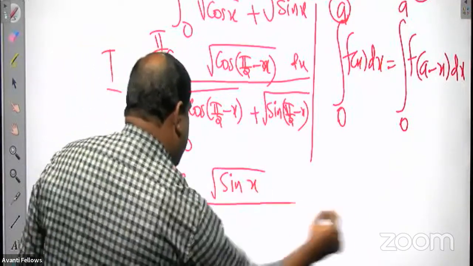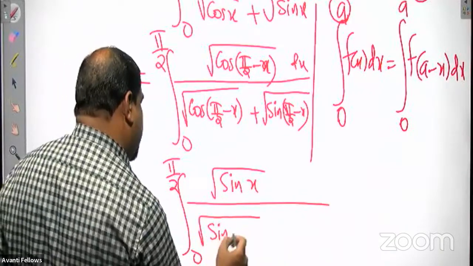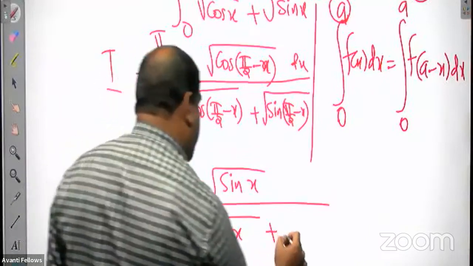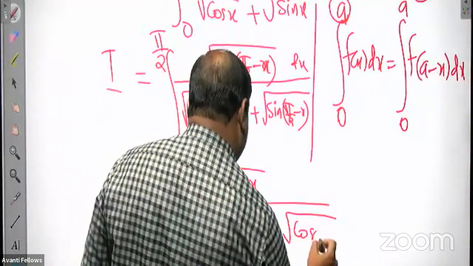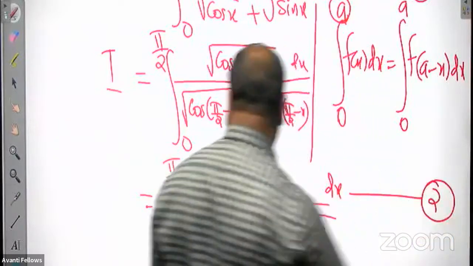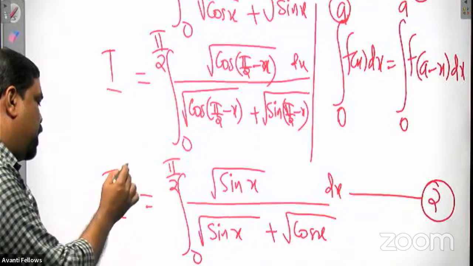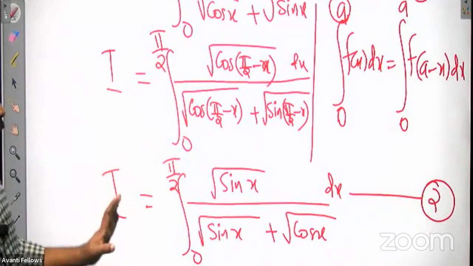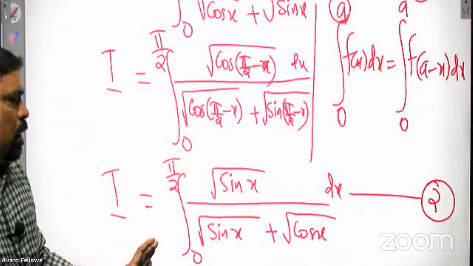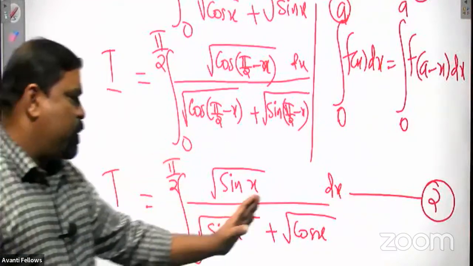So root of sin x divided by the denominator. In place of cos, it is sin, and in place of sin, it will be cos. So put it as equation 2. The same integral, the original integral after applying the property, I is equal to root of sin x divided by root of sin x plus cos x.